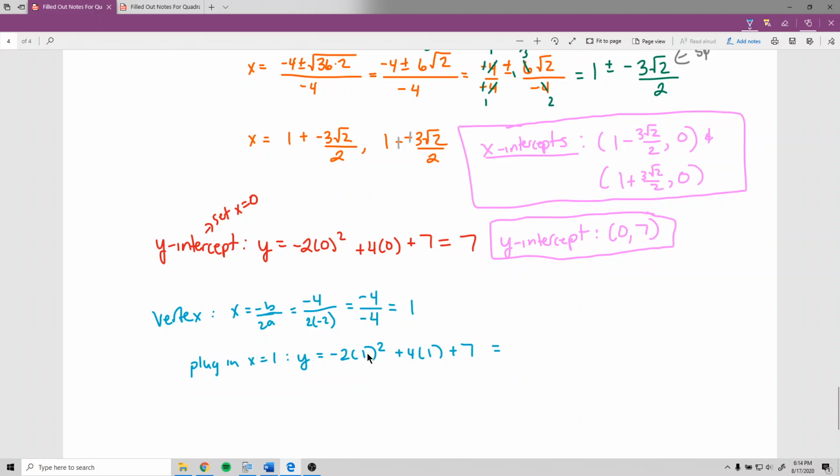And here we got 1 squared is 1, so we got negative 2 times 1 is negative 2, plus 4 times 1 is 4, plus 7. And this equals 9. 4 plus 7 is 11, minus 2 is 9. Right, but like with the x and y intercepts, the vertex is a coordinate pair. You have to write it as a coordinate pair. X is 1 and y is 9.